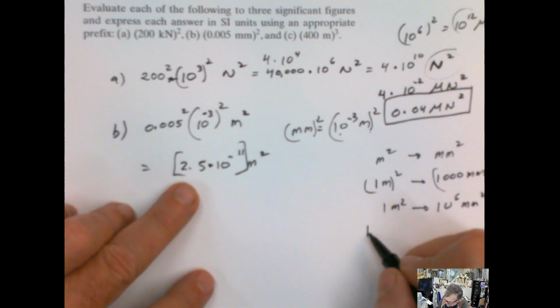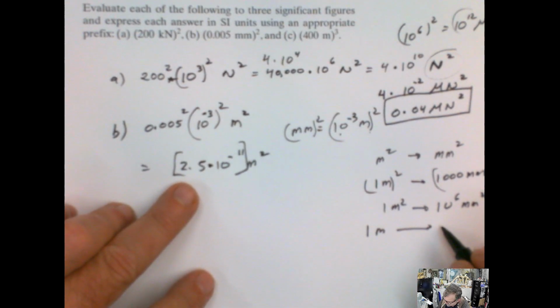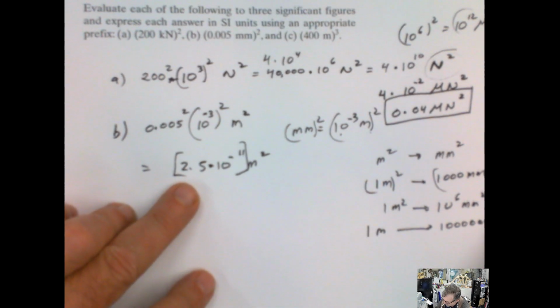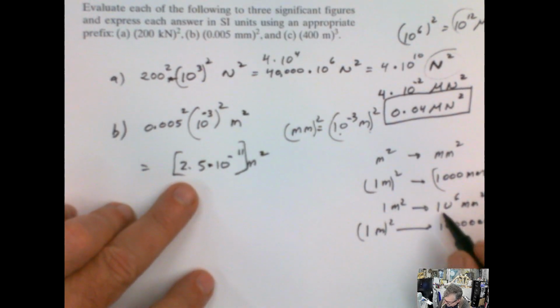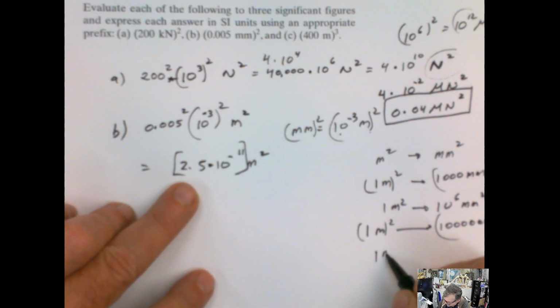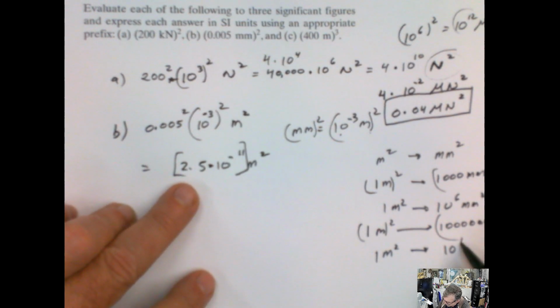If I want to convert 1 meter into micrometer, and I square these, 1 meter squared will be equivalent to 10 to the 6 squared, so 10 to the 12 micrometer squared.